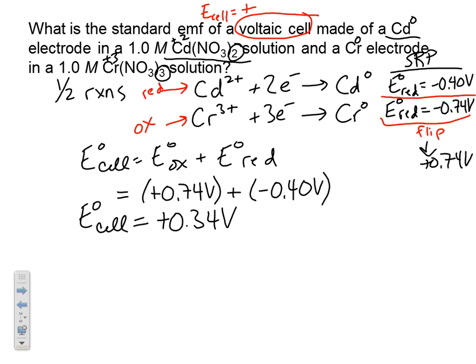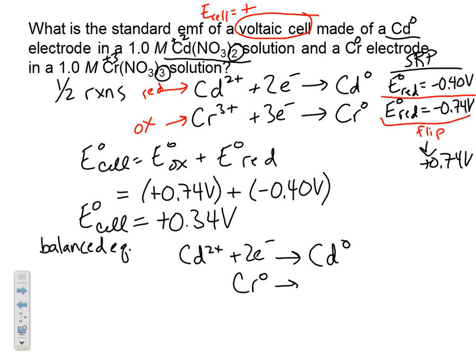But I'm actually going to continue with this problem because I want to make another point. The overall balanced equation, if I want that, then I'm going to go back to the half reactions. I know that the cadmium is being reduced, so I'm keeping the cadmium half reaction as is. But I know that the chromium is being oxidized, so I'm going to flip that around. I'm going to write that as Cr0 goes to Cr3+ plus 3 electrons.